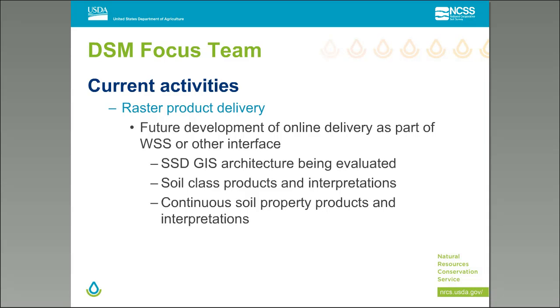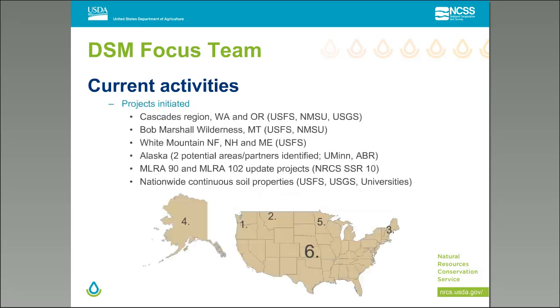So there is some effort now at looking at the GIS architecture for Soil Science Division and delivery of these Raster products and interactions with them is one of the pieces of that evaluation.